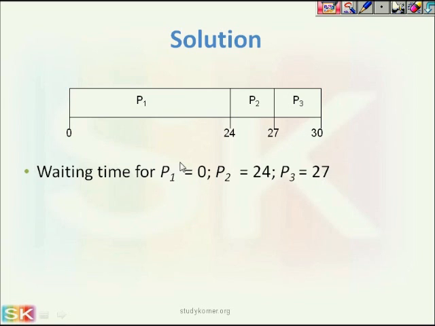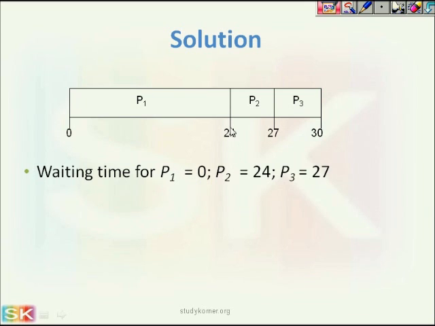So waiting time for P1 is 0 because it arrived at time 0 and it got the CPU at time 0 only. P2 was also submitted at time almost 0, and it is allocated the CPU at the 24th second.